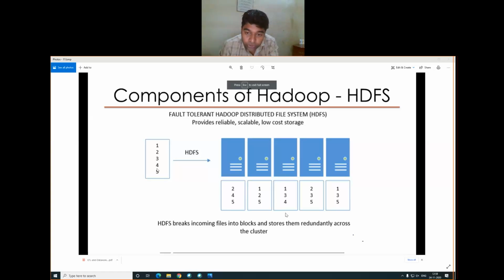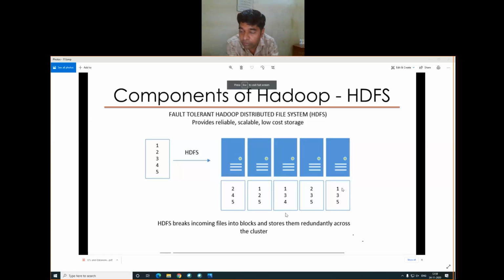The files are divided into uniform sized blocks. From the right side you can see 1 to 5, and blocks 245, 125, 134, 235, 135. These are all uniform size blocks, divided by HDFS into uniform size files.